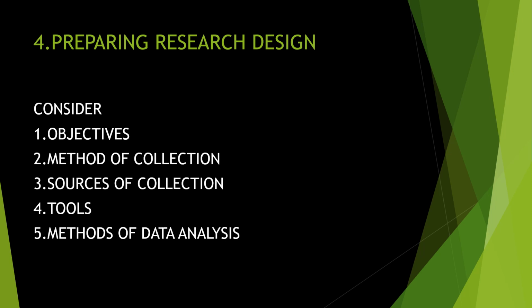Methods of data analysis: whether we take a quantitative method or a qualitative method. All these things are prepared in the research design area. This is where we make a blueprint of the research. Understood? This is the fourth step of our research.